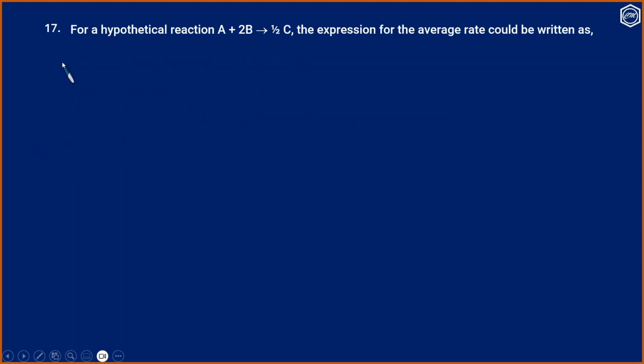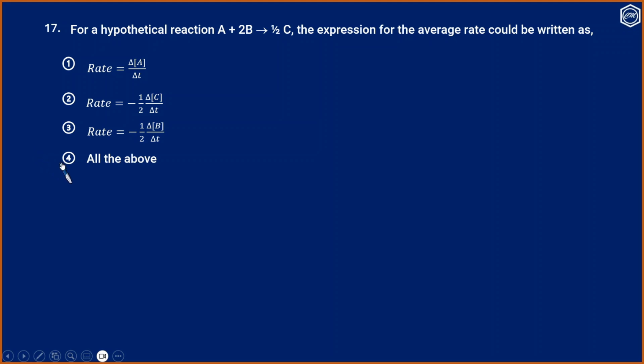Question number 17. For a hypothetical reaction A plus 2B giving half C, the expression for the average rate could be written as: 1, rate is equal to delta A by delta T; 2, rate is equal to minus 1 by 2 delta C by delta T; option 3, rate is equal to minus half into delta B by delta T; and option 4, all the above.